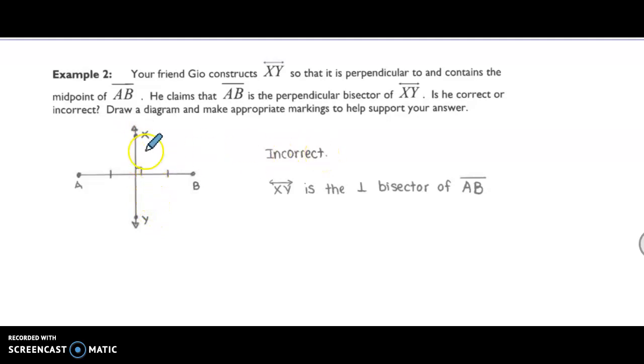No, he is incorrect. Because the way that he drew it, where the tick marks are, XY is actually the perpendicular bisector of AB. Okay, because XY is the one that's cutting AB in half, not the other way around. All right, and so be careful of the wording and the notation here.